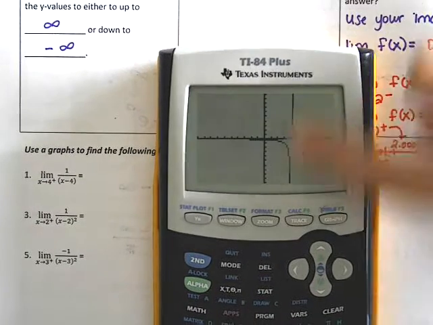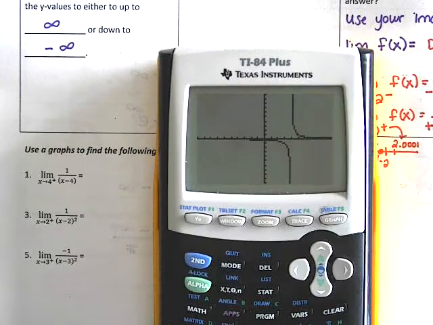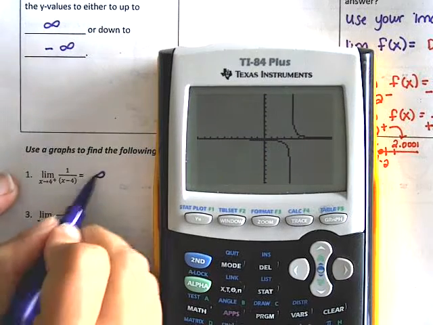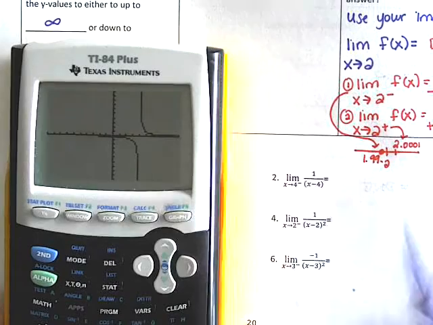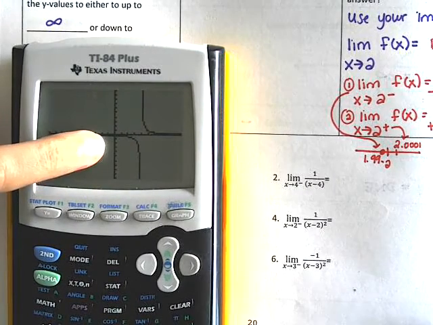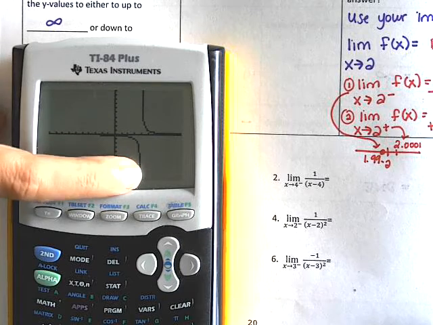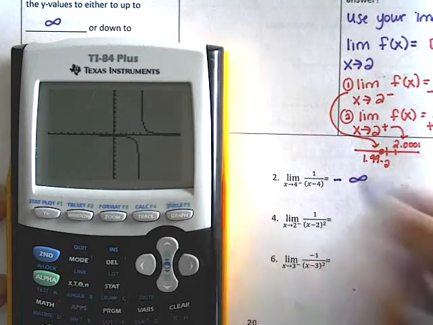As I approach this asymptote from the positive side, I can see that my values sort of skyrocket up. So I would say that the answer to this question is positive infinity. Now look at number 2. Let's look at the same function, but look at the values as we get close from the left side. From the left side, they sort of sink down really fast. So the answer would be negative infinity.